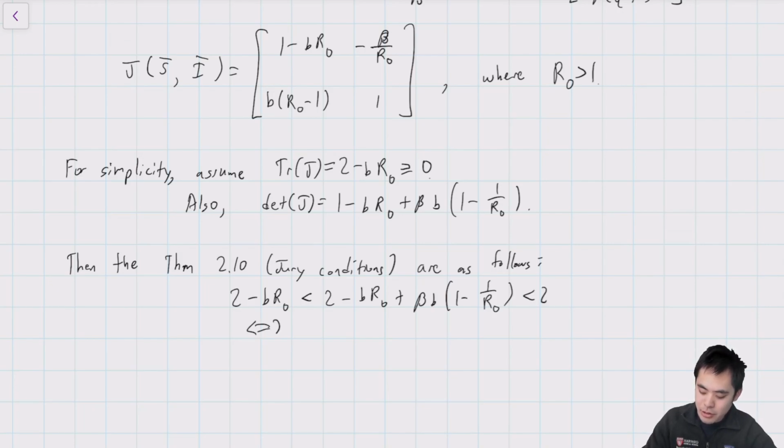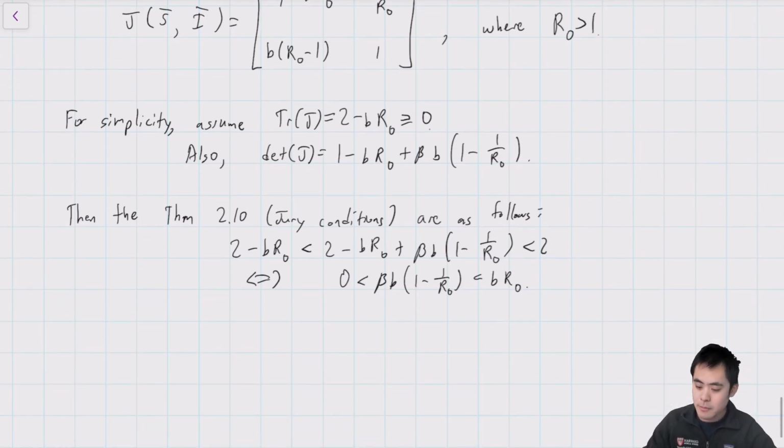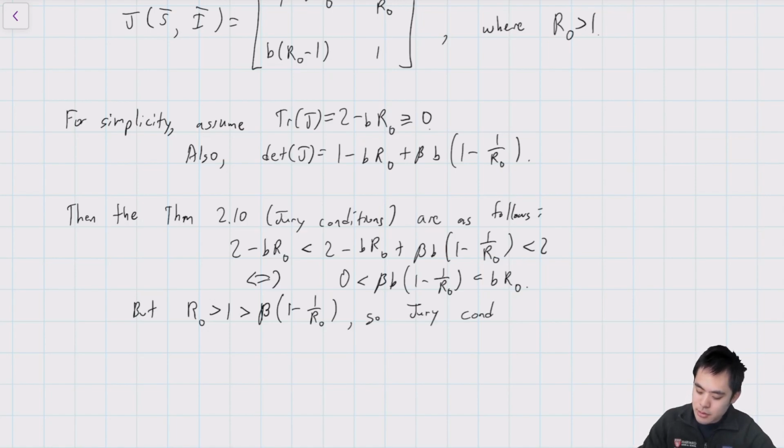This is of course entirely equivalent to saying that 0 is less than beta b times 1 minus 1 over R naught, which is less than b R naught. But of course we know that R naught is greater than 1, which is greater than beta times 1 minus 1 over R naught, because that's negative. So the Jury conditions are satisfied.